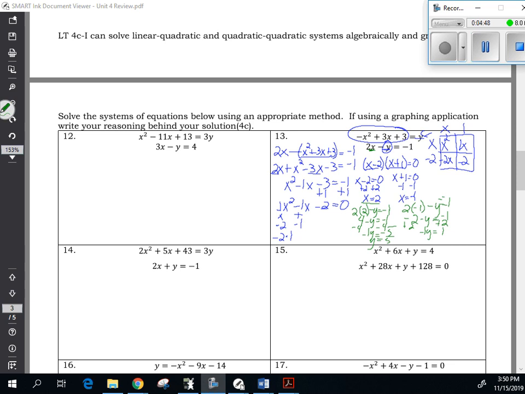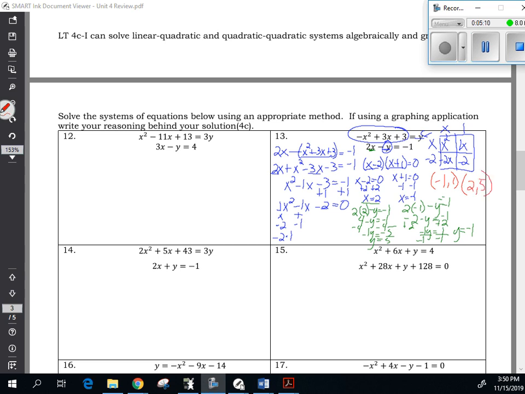I divide by negative 1, divide by negative 1, and we have y is equal to negative 1. So your final answers are actually going to be these 2 points here. The points are going to be negative 1, negative 1, and your other point is 2, 5.